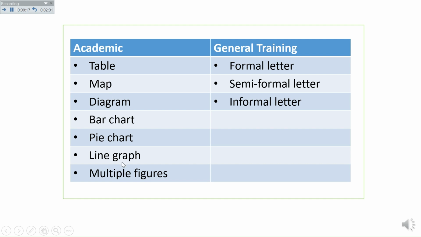That's called multiple figures. In IELTS general training, task one consists of a letter. There are three types of letter: formal letter, semi-formal letter, and informal letter. I will make an individual video about each of these letters and explain the difference between each of them, because this video is a brief overview, not in detail.